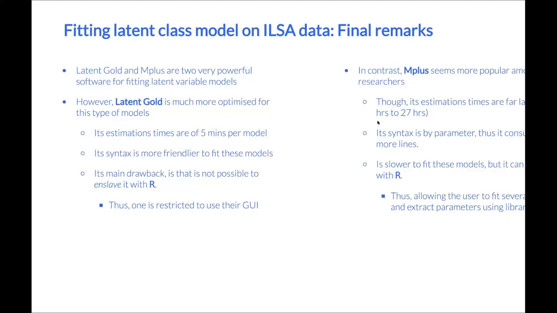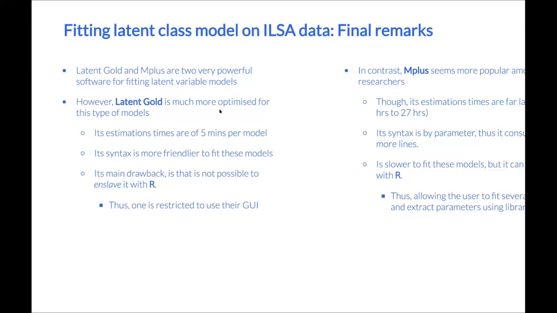So a few final remarks for the people that may want to use latent class models over large-scale assessment. Latent Gold is really quick. I would recommend that you use it if you have it on hand. M+ is really slow, but it has an advantage over Latent Gold: you can create code that uses R to fit many models and to retrieve the results in an ordered way, so you don't have to be copying and pasting estimates from tables.